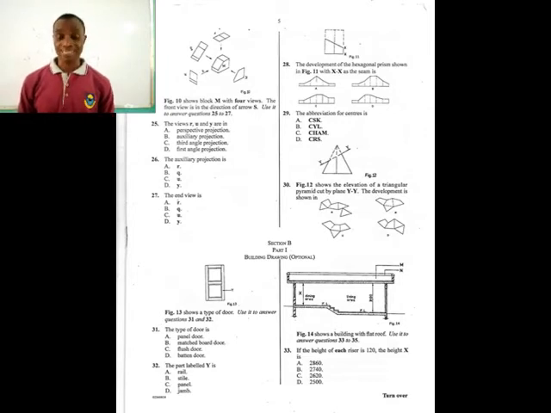The correct answer here is D. The reason is because when you cut this object, you will notice that one of the sides will be shorter than the remaining 2 sides. That is why D is the object where one of the sides is smaller in size because of the way it was cut.